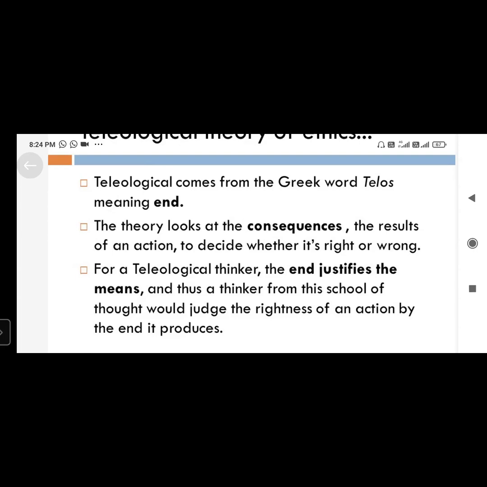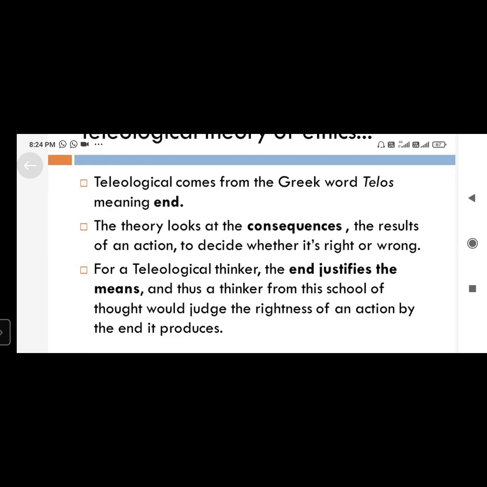So here consequences are calculated first. What will be the consequences of this decision, whether it will be harmful or good for the overall development of the organization. Now, if it is harmful, then how harmful it is has to be calculated.